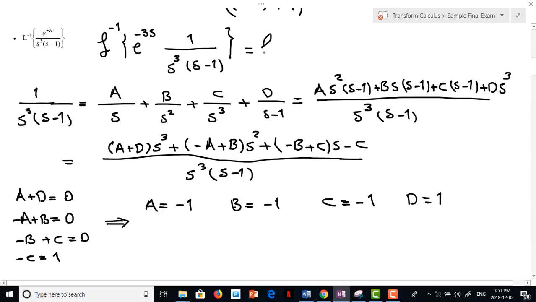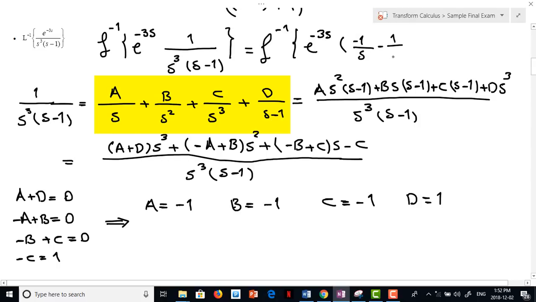It's equal to the Laplace inverse of e to the power of minus 3s times a over s, and a is minus 1, so it's minus 1 over s. b is minus 1, so it's minus 1 over s squared. c is minus 1, so it's minus 1 over s cubed. And d is equal to 1, plus 1 over s minus 1.